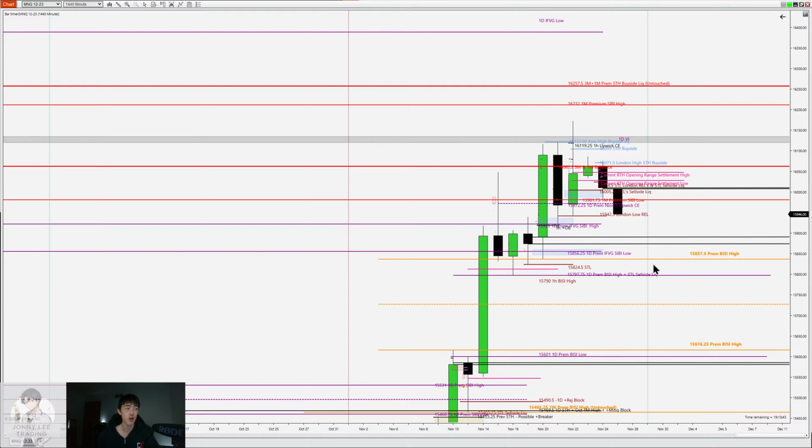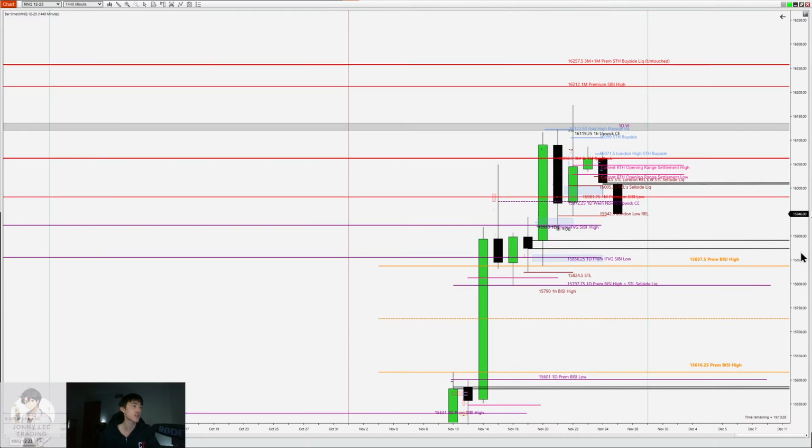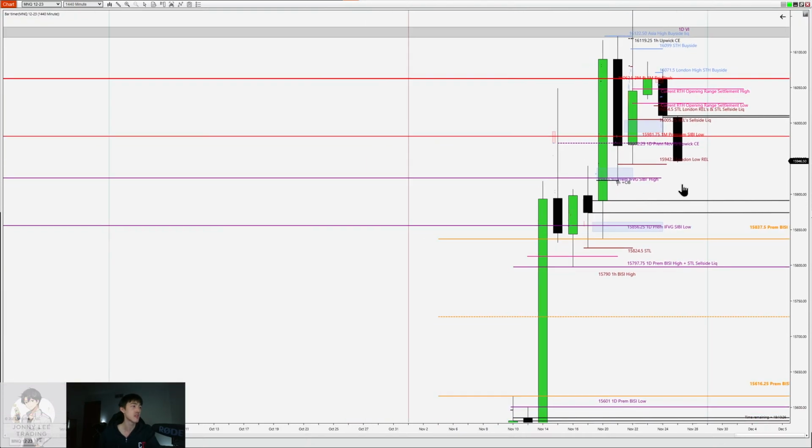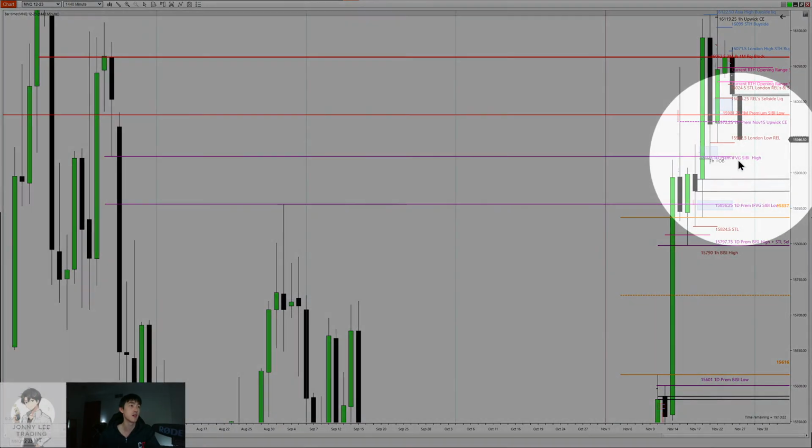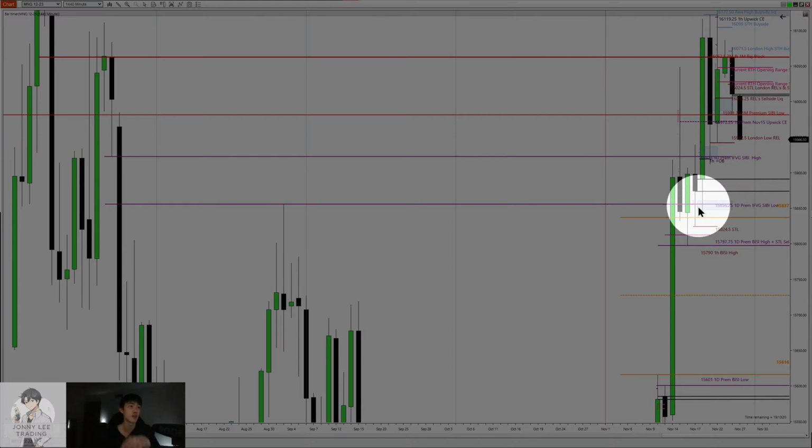While I do see the draw on liquidities down here, whether or not price is willing to be taken down there, I think that is going to be dependent on how we see price open up on Monday and how we see price trade on Monday and Tuesday. So from a daily perspective, we did see that this was a previous inversion fair value gap. These daily lines over here.